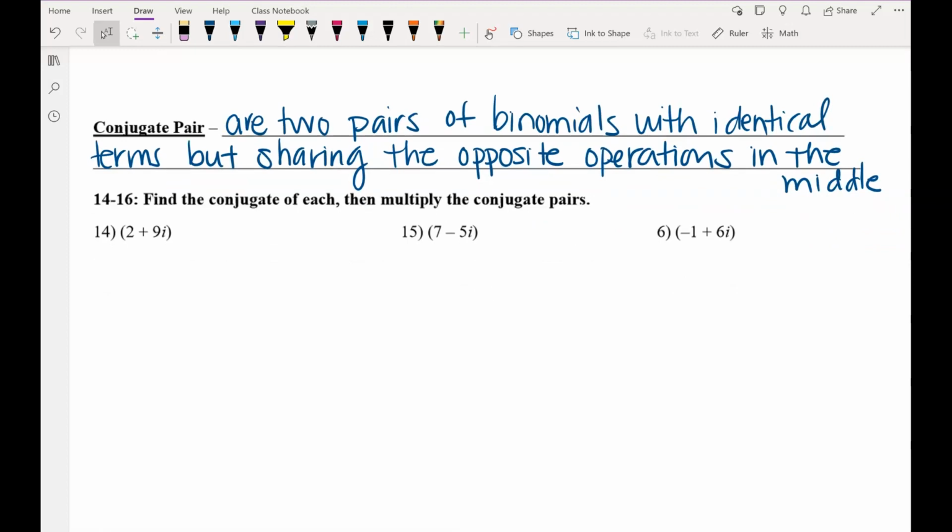The definition is: conjugate pairs are two binomials. Binomial means how many terms? Two. With identical terms, but sharing the opposite operations in the middle, just like what Sam said. Everything's the same, except the signs in the middle are different.